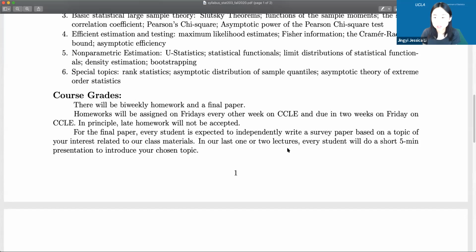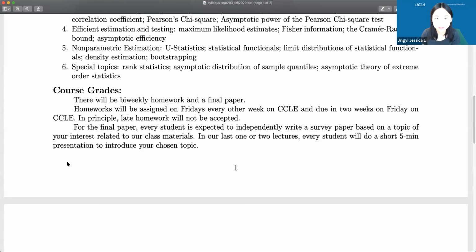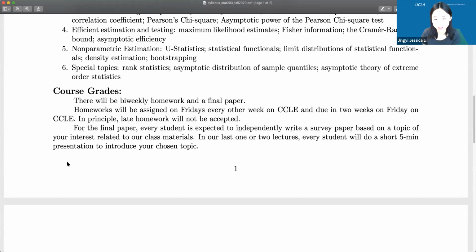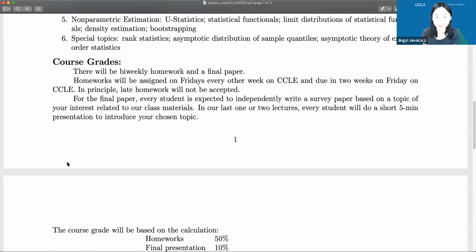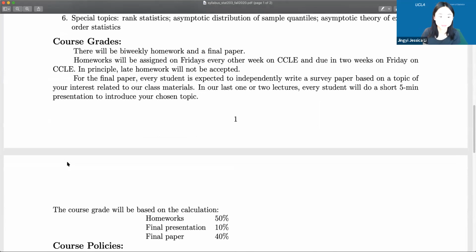In our last one or two lectures, every student will do a very short 5-minute presentation to introduce your chosen topic to the class. And we will also share all your final papers with the class. So for example, if you think a topic identified by a peer is very interesting to you, then you can check that peer's paper. Basically, this presentation is like an advertisement for your chosen topic, and students can all see what topics others have chosen.